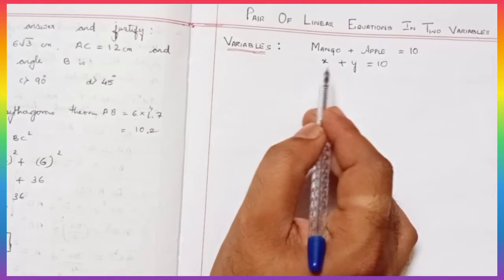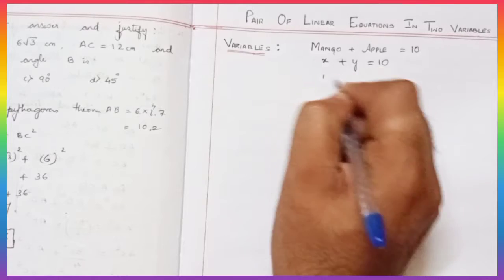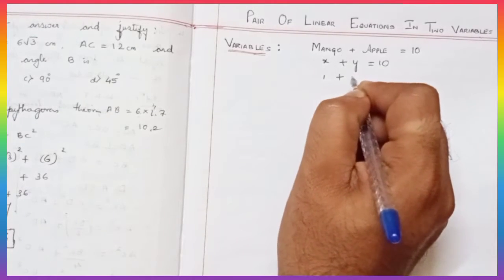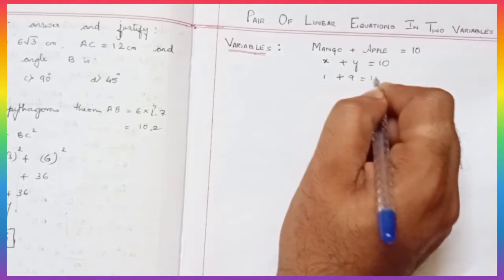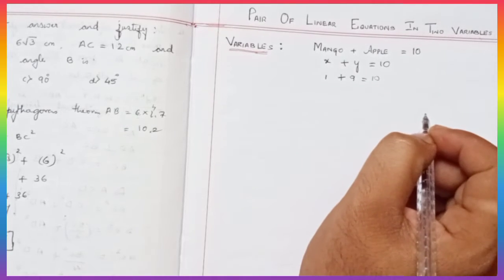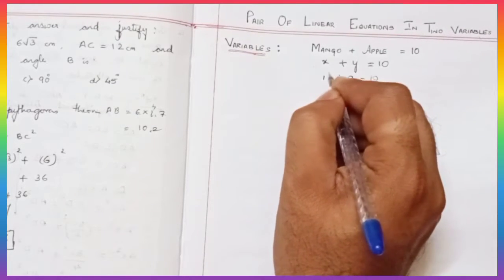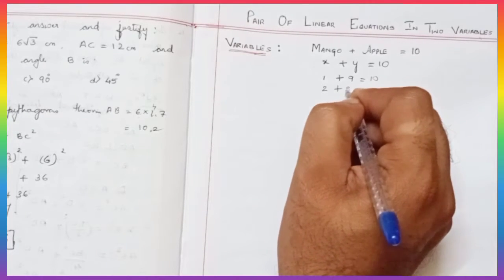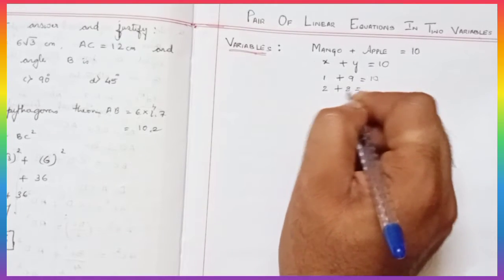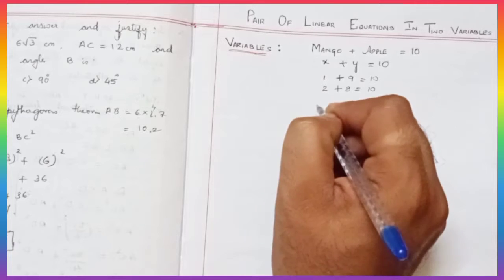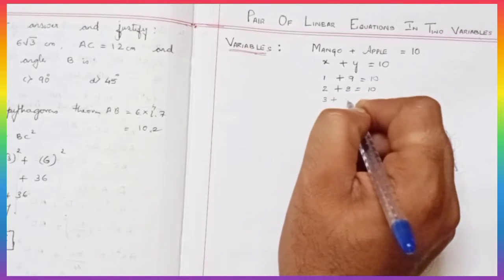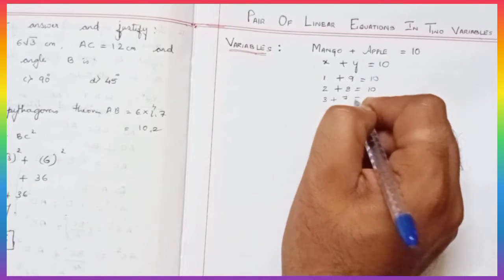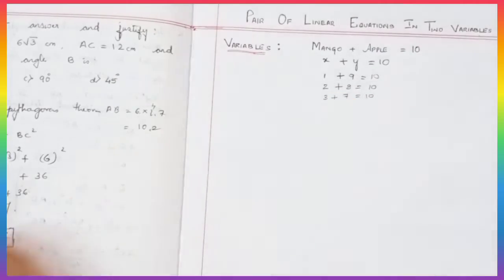If I give the value of x as 1, what will be the value of y? Obviously 9, so the sum is equal to 10. If I think the cost of the mango would be 2 rupees, then the cost of the apple would be 8, but the sum together is 10. If I think mango is 3, then the apple cost is 7, and the sum is 10.